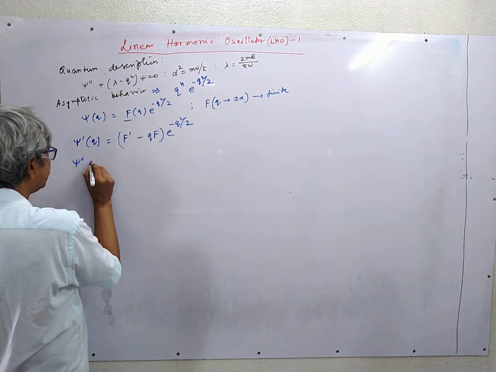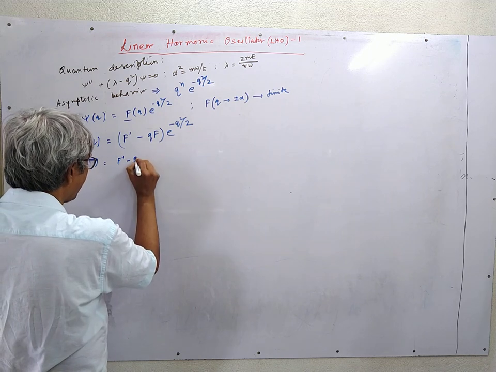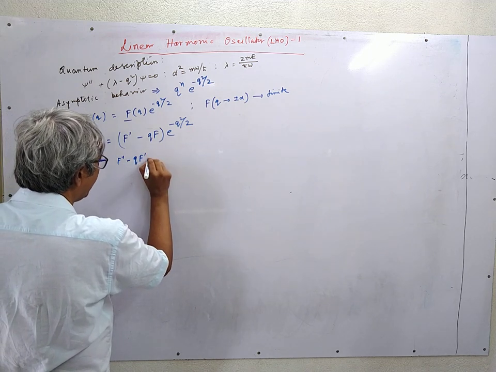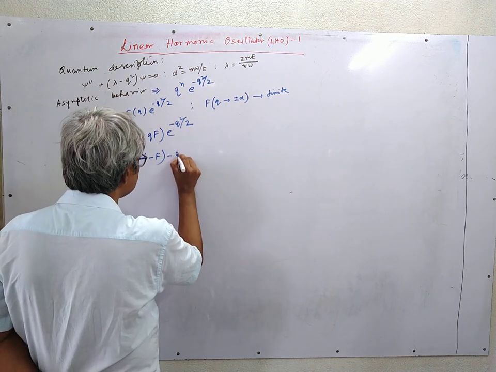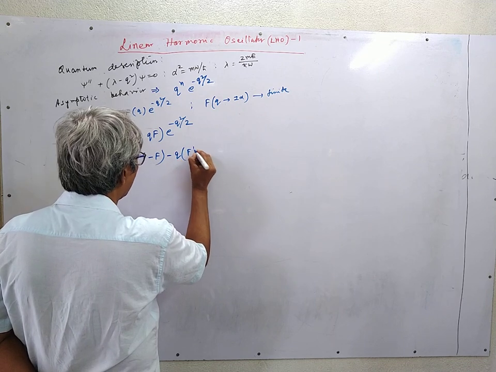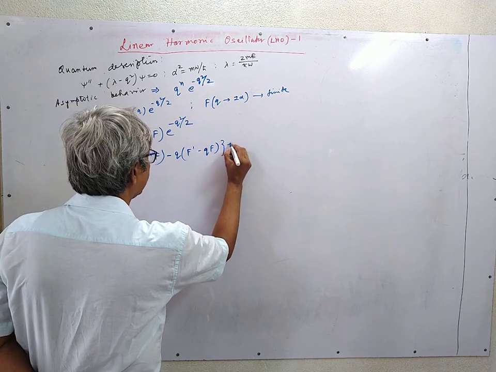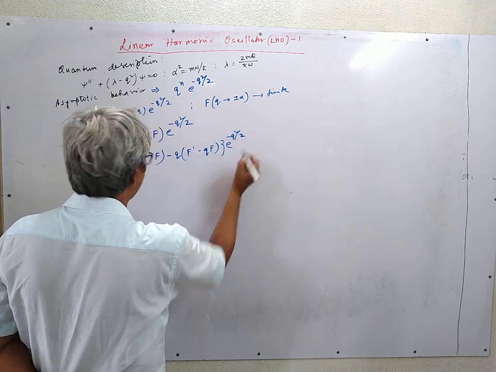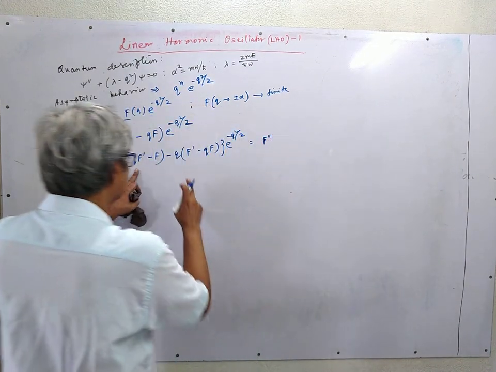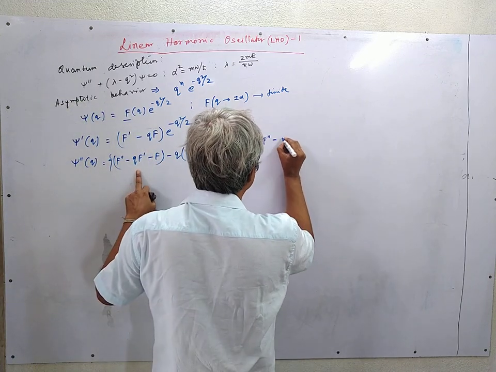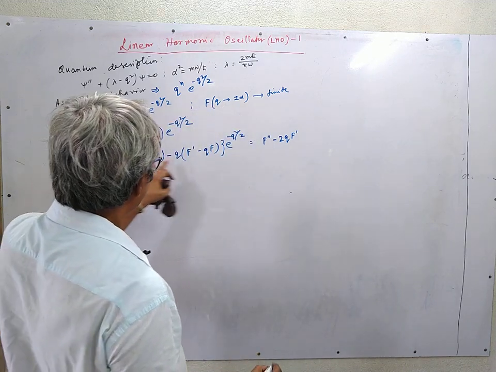If we double differentiate it, we get f double prime minus qf prime minus f, this is from the first term, and then minus qf prime plus q square f, and the whole thing is multiplied by e to the power minus q square by 2. This becomes f double prime, there is 2, minus, and then there is 1 f, and this is plus.